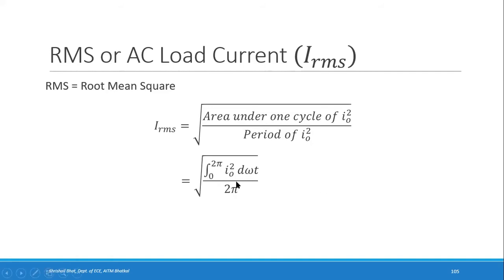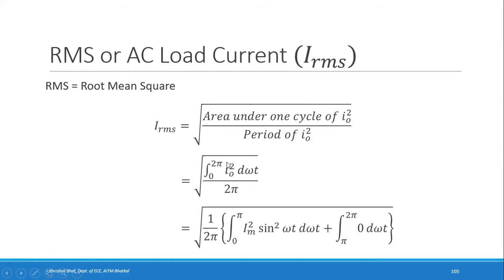Now, integrating this, i0 is not the same from 0 to 2 pi. Its value is different from 0 to pi and pi to 2 pi. That's why I can split the integrals. In the case of a half-wave rectifier, from 0 to pi the value is Im sine omega t, and from pi to 2 pi i0 is 0.